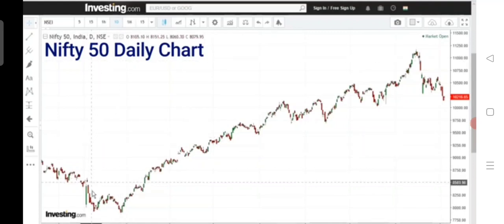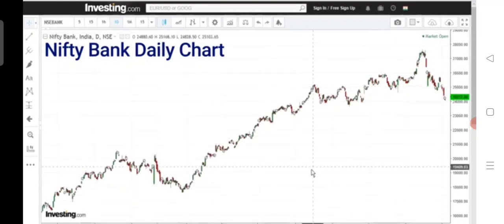Now if we are looking at the end of 2016, we could see that in the Nifty, the low that was formed towards the end of 2016 was similar to the previous low. But if we are looking at the Bank Nifty, the previous low was actually breached and a new low was formed.